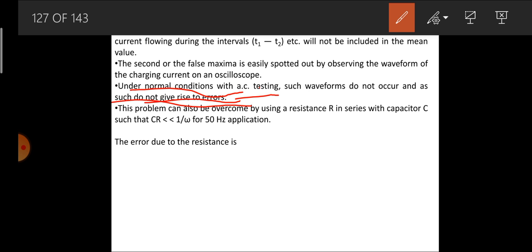This problem can be overcome by using a resistance R in series with the capacitance C, such that the time CR is much less than 1 by omega, for a 1 by 50 Hertz application.